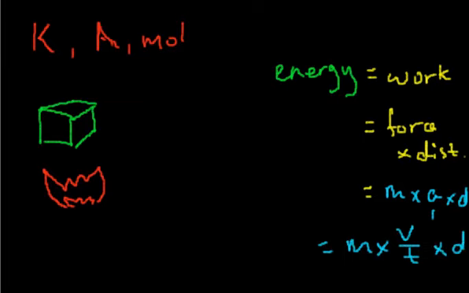Now that's a lot of units. So if I put all these together, I will get kilogram times velocity, which is meters per second, over time, which is second, times d, which is meter. Okay, so now I have energy in terms of these units.